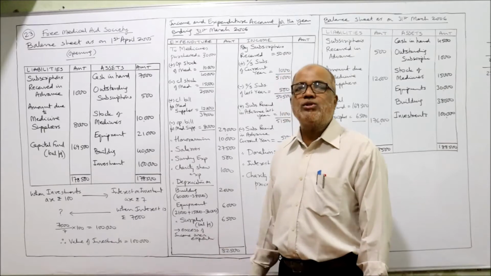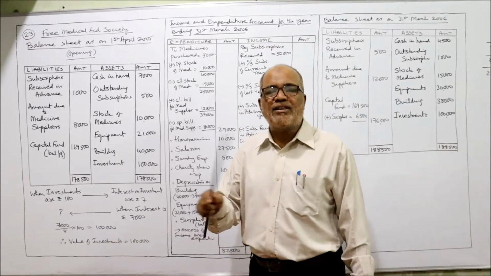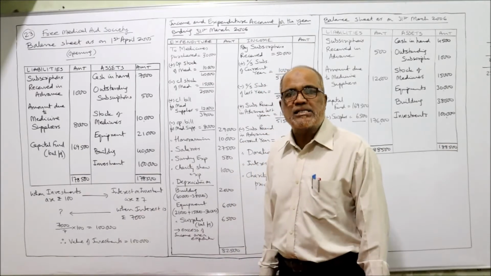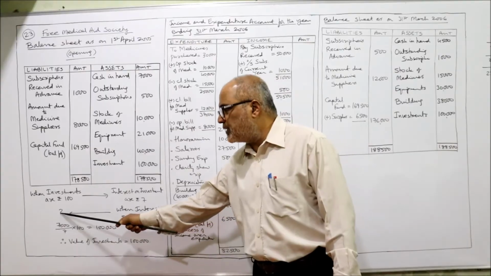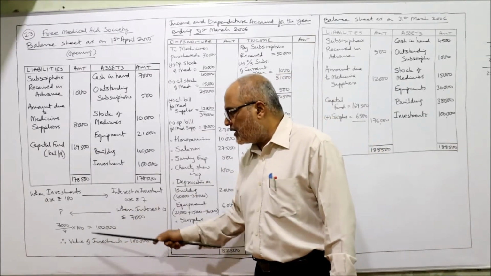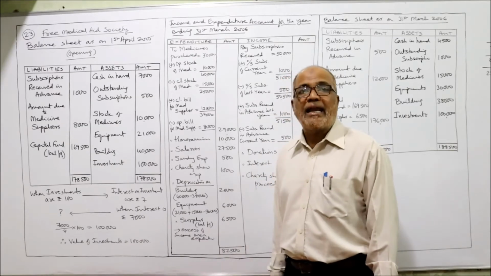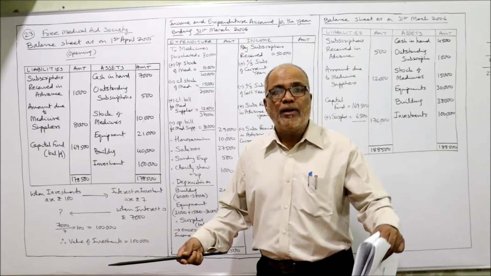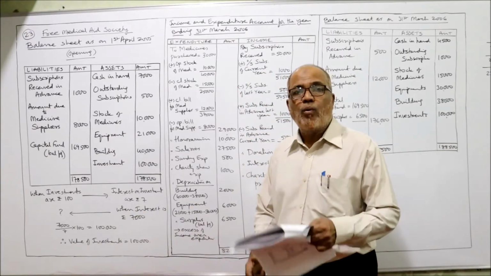When 7,000 rupees is the interest, how much would the investment be? 7,000 divided by 7 into 100 gives 1 lakh. The value of investment is 1 lakh. That is not directly given in the problem, but using this information we have calculated it.